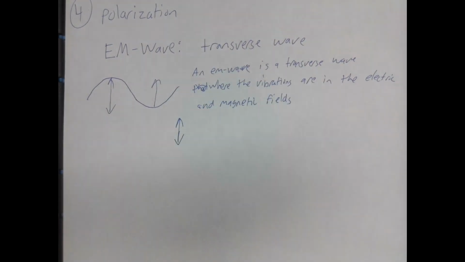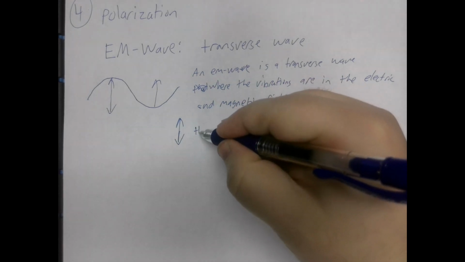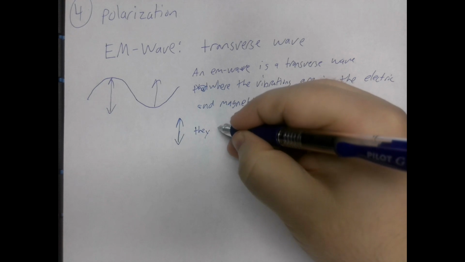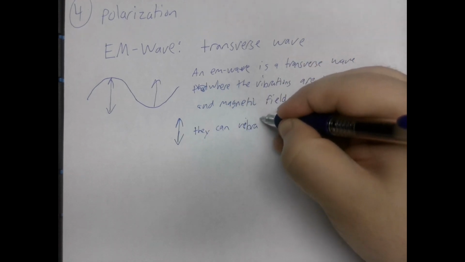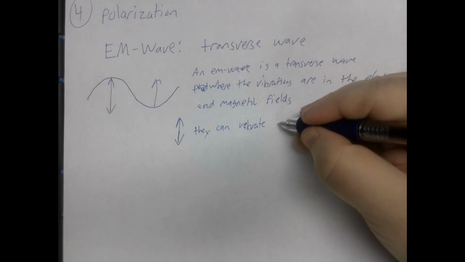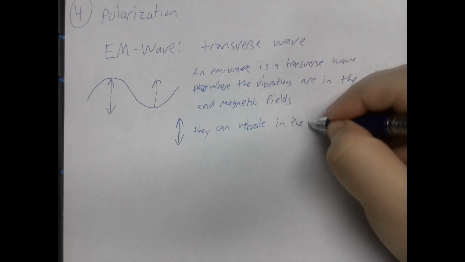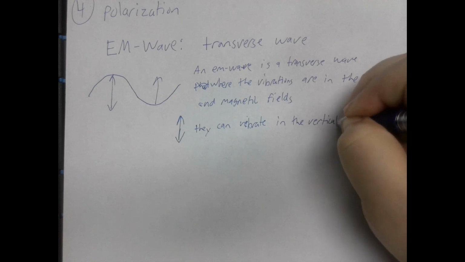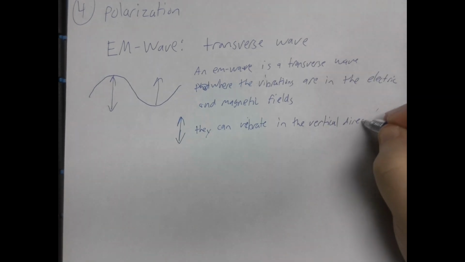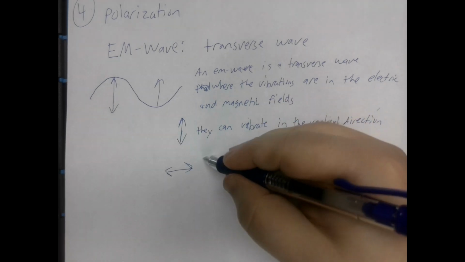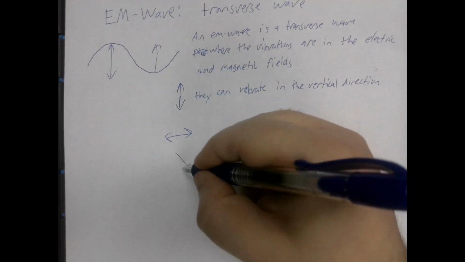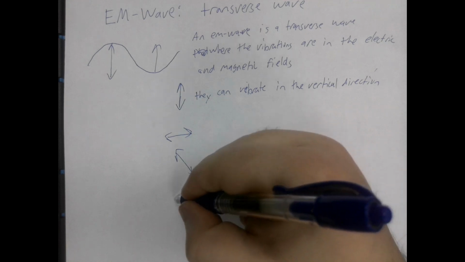Well, what if you turn the light sideways so they can vibrate? They can also vibrate in the horizontal direction. They can vibrate in this direction. They can vibrate in this direction.